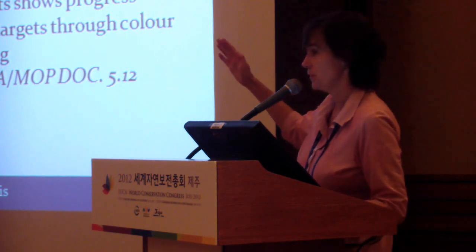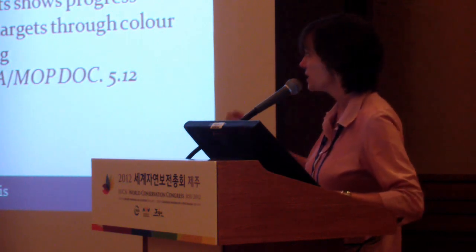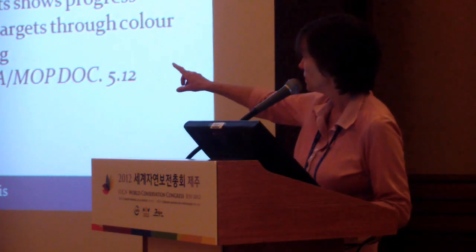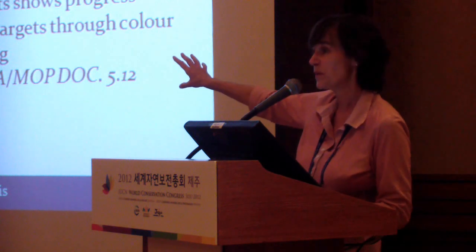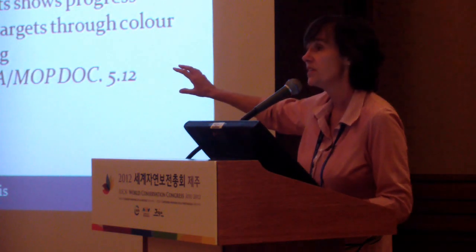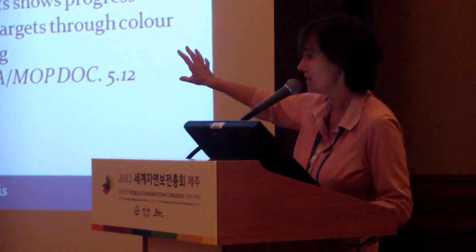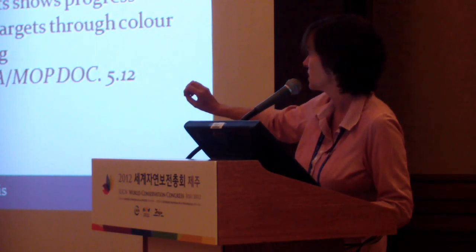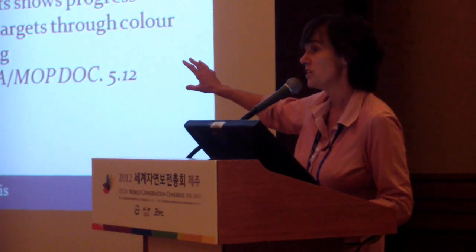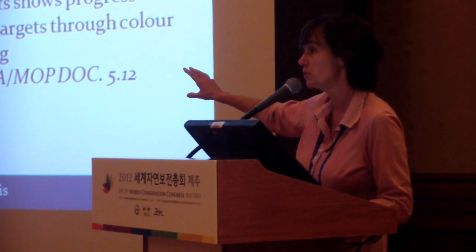Then the next thing that we did was, once we'd looked at each individual target, we were then able to produce the text box that you can't read, obviously, from where you are. But I hope that you can see the colour coding, and you can see that there's a green box, a yellow box, and a red box. The green box shows us which targets have actually been achieved already.